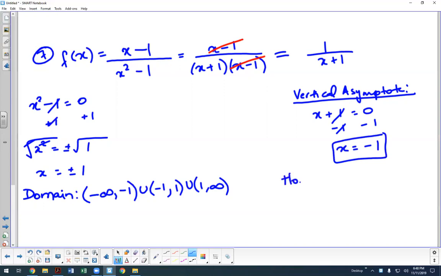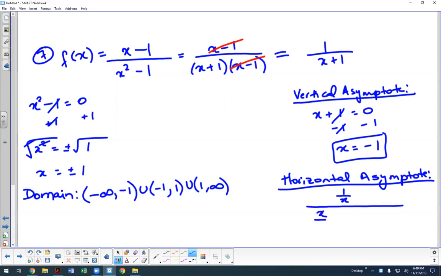And then, of course, we have a horizontal asymptote here. Which in this case, you can take everything and divide it by the highest power of your x. So 1 divided by x, x divided by x, 1 divided by x.